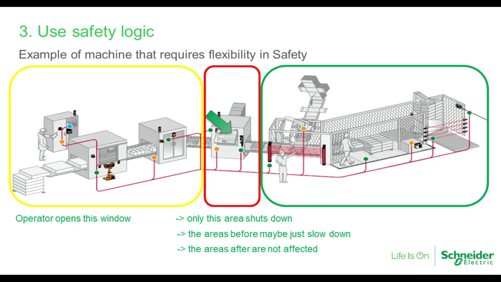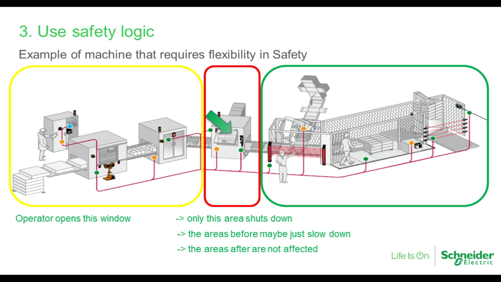So you might as well continue with the operation and keep production going. And depending on how these machines interact with each other, it could be that by the time you do your work and close that window again and restart it, the impact to your overall production is very, very low, or perhaps nothing at all, because you can continue as you go to the exit side of that machine.